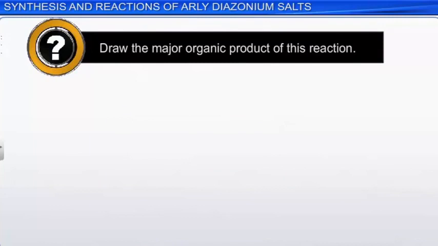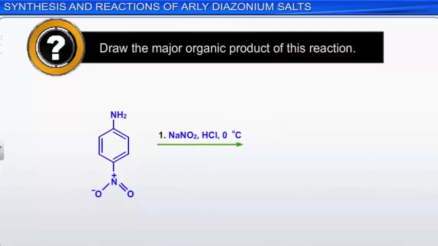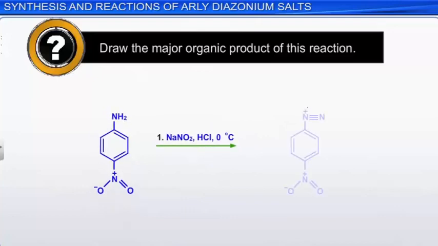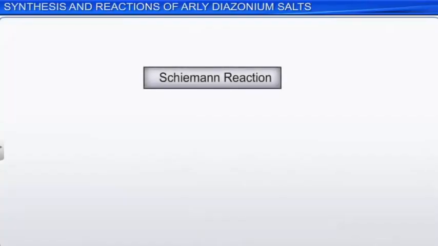Step 1 produces an aryl diazonium ion. In step 2, treatment with potassium iodide replaces the diazonium ion with iodine. The Schiemann reaction is a method for making aryl fluorides.